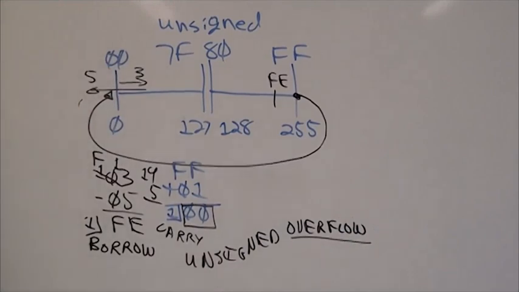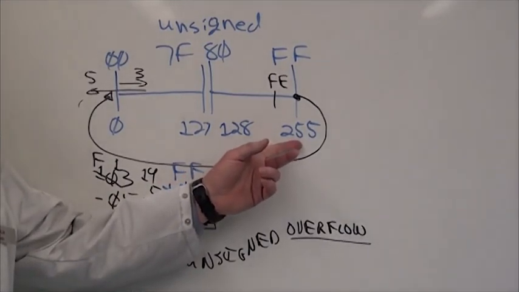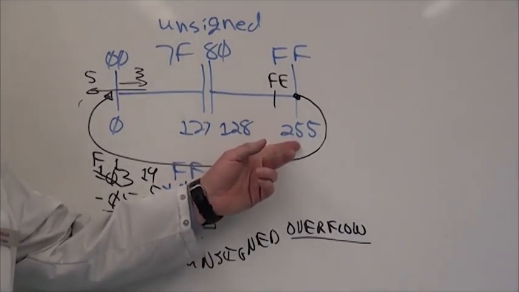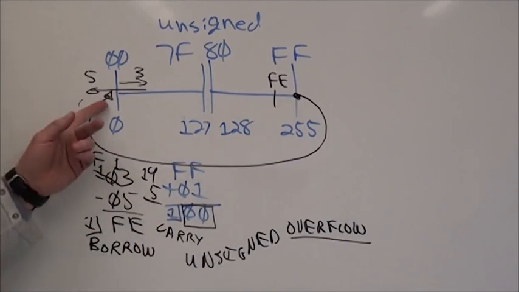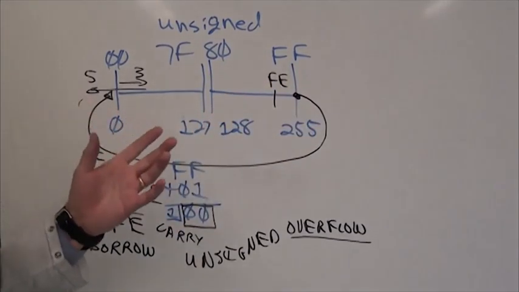Now you're going to run into these kinds of circumstances if you're digitizing values. For instance, if FF is 10 volts, and you had a very small voltage, you're going to end up with a very small voltage, almost 0. So adding 10 plus a little bit gives you a small voltage, which doesn't make sense.